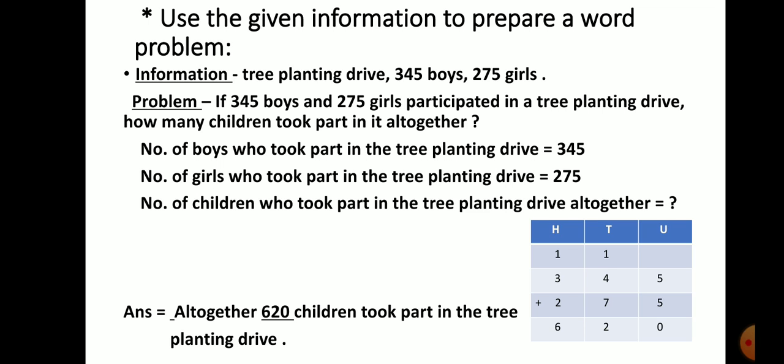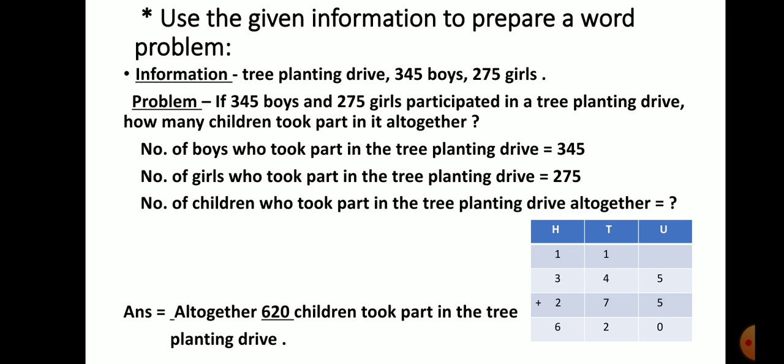Okay, tree planting drive, 345 boys and 275 girls. Now I formed a problem. Okay, if 345 boys and 275 girls participated in a tree planting drive, how many children took part in it altogether?